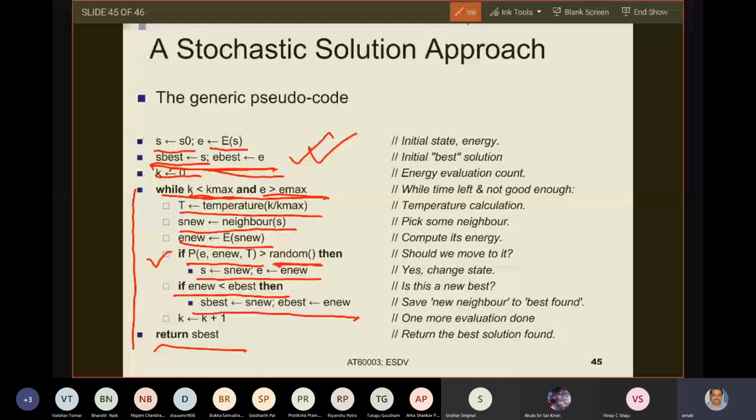Now, during later stages of this simulated annealing process, during later iterations, you have already got a very good current solution, a very good best solution, and a very good E best cost. S best and E best are already very good through the entire process. Now, you don't want to perturb the solution anymore.